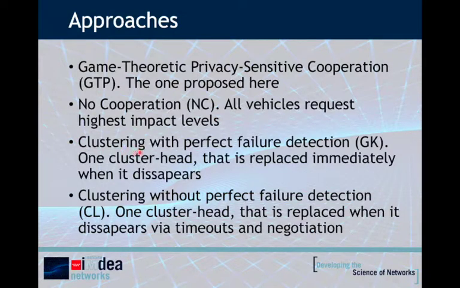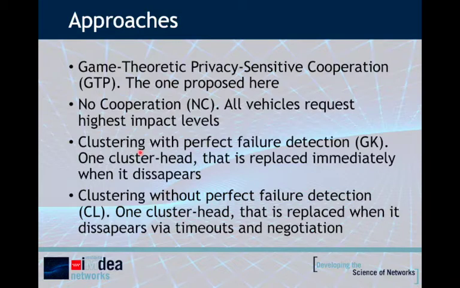Then we're going to compare it with clustering with perfect failure detection. In this case, this is going to be our kind of gold standard. This is what we like to have, because essentially clustering is the best you can do. All the available bandwidth is aggregated and is used to download all the messages to one particular vehicle, that then distributes it using the vehicle-to-vehicle communication.